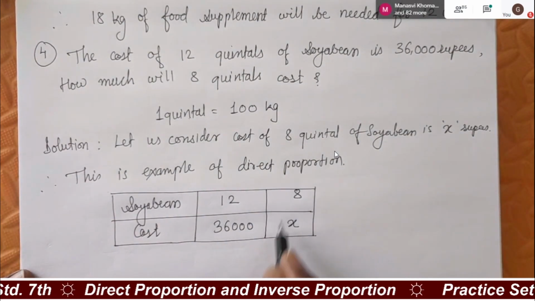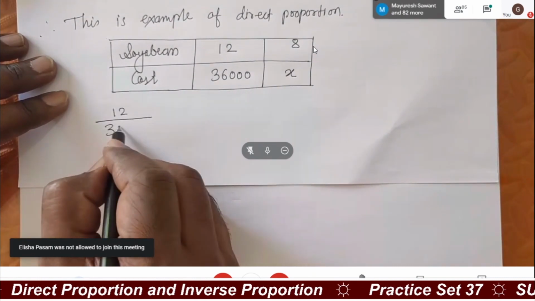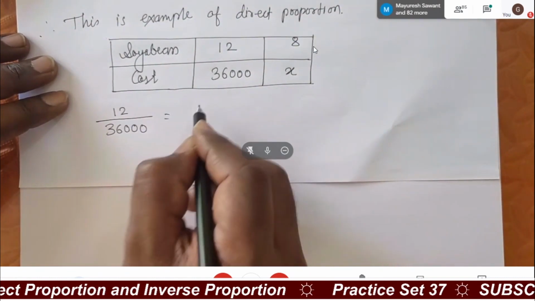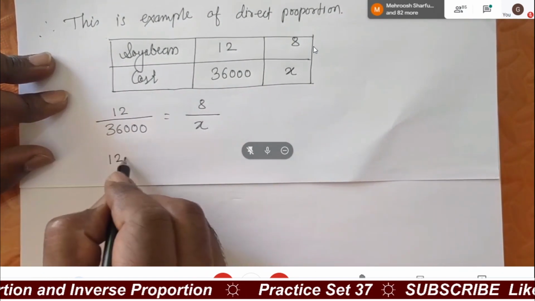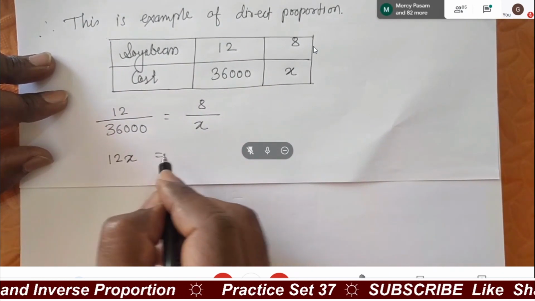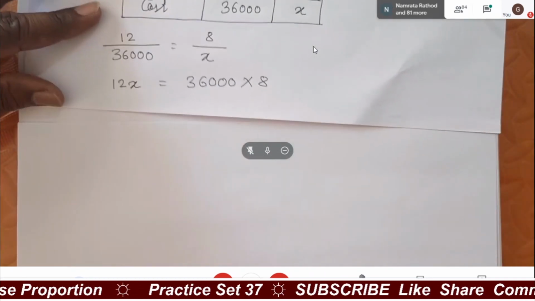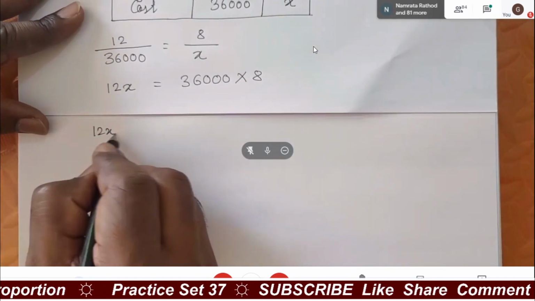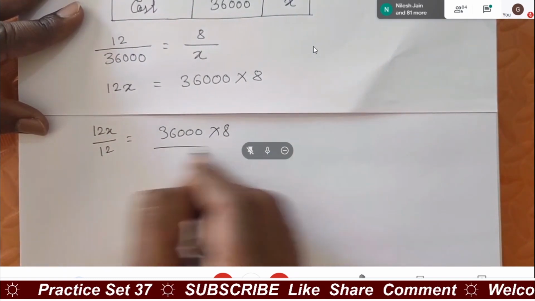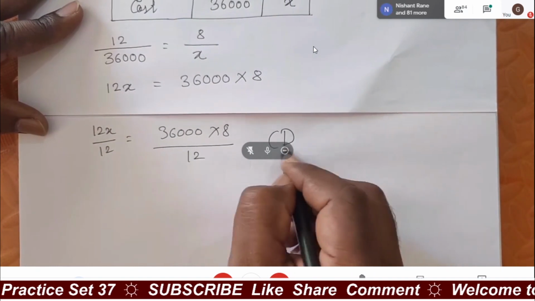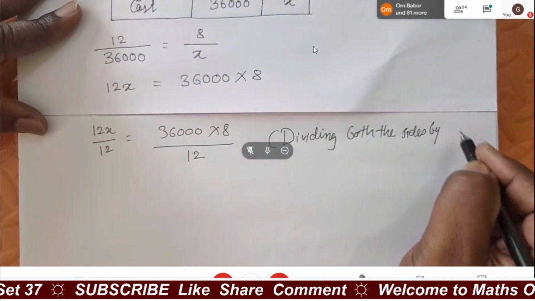Take these numbers in the form of fraction. 12 upon 36,000 equals 8 upon X. Do cross multiplication. 12 into X, 12X equals 36,000 into 8. So divide both the sides by 12. In bracket write down, dividing both the sides by 12.